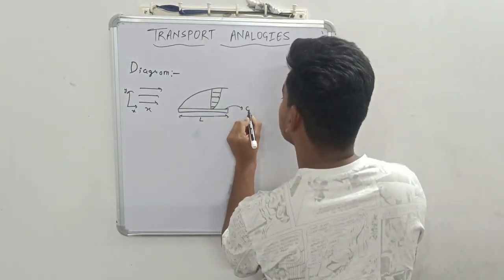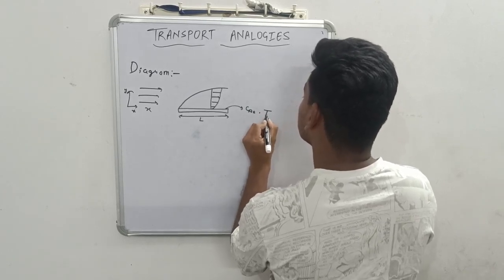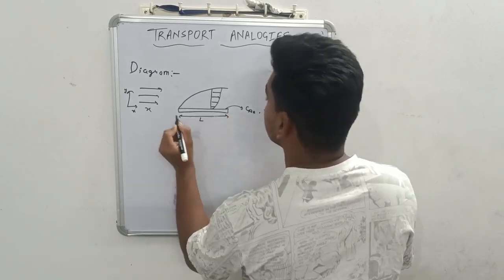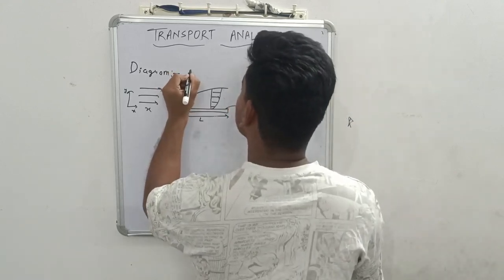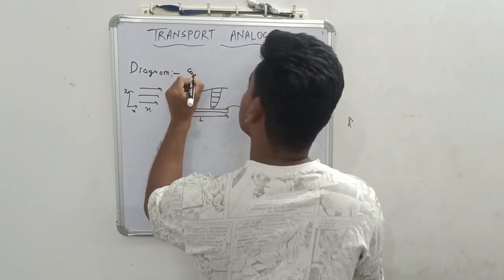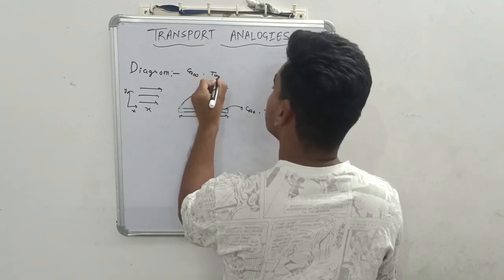Surface concentration as Cs and temperature Ts, and we have considered bulk concentration as CA infinity and temperature as T infinity.